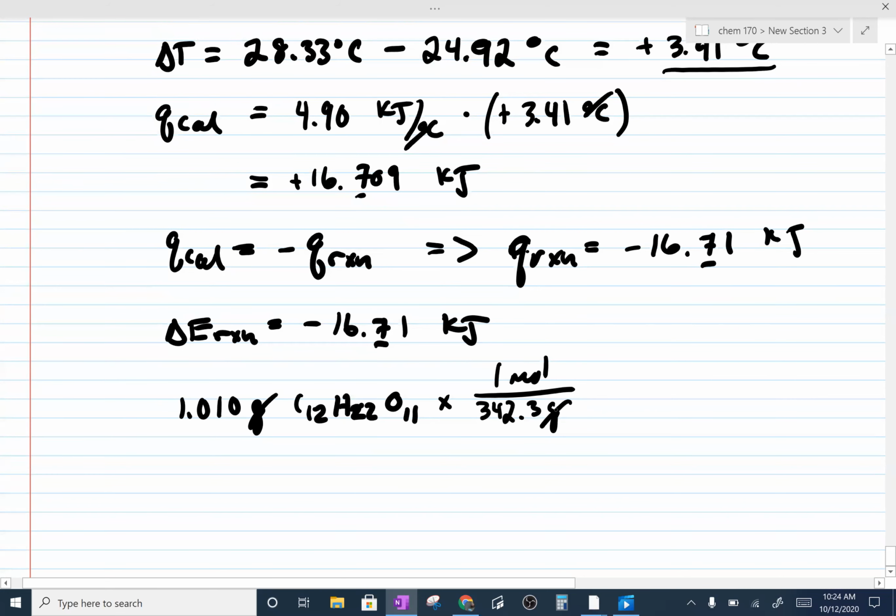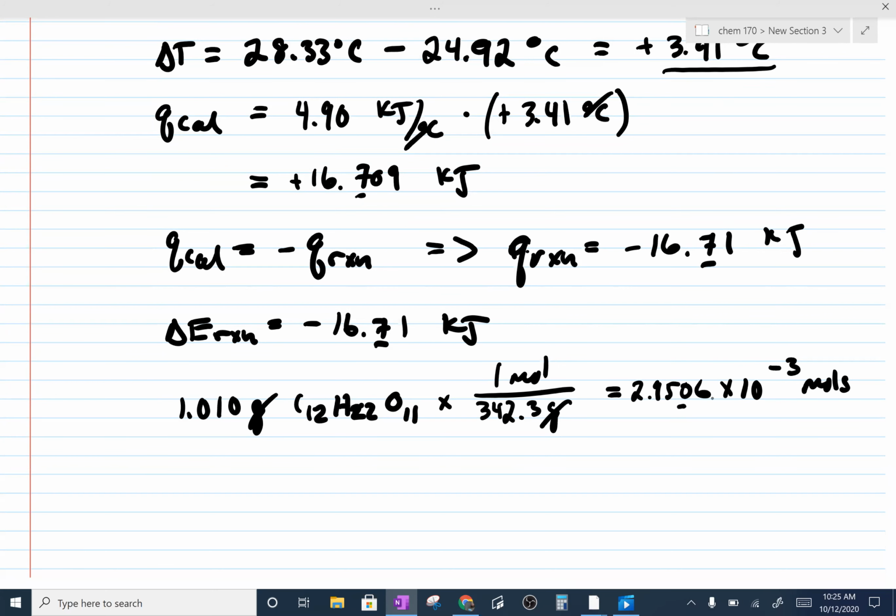This is the number you can get by adding up all of the atomic masses of each of the elements within this molecule. I just did it here because that should be pretty routine for you by this point. Grams cancel out, we end up with moles, and this number becomes 2.95 times 10 to the negative 3 moles. I need a few more digits there: 2.9506, where the 0 is the last significant figure.